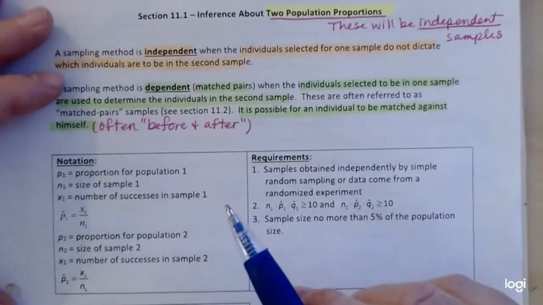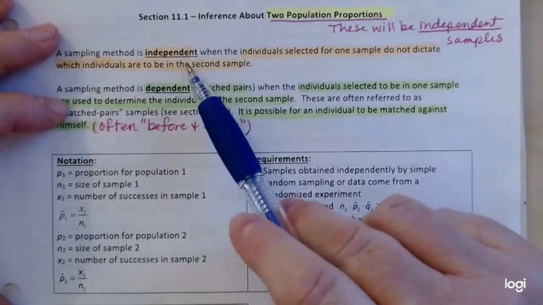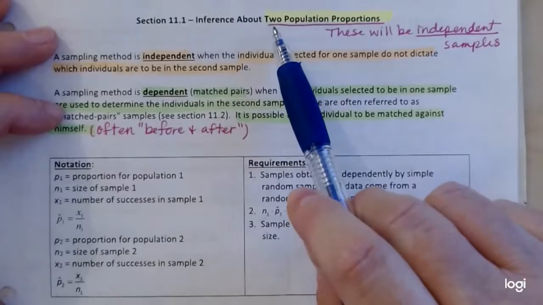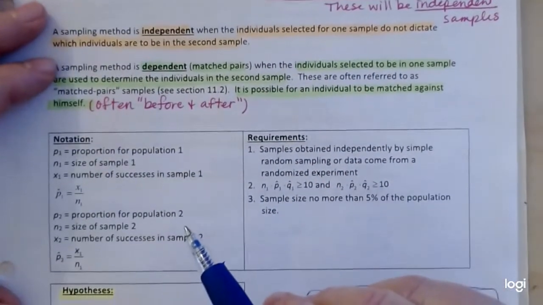And so that will come up in 11.2. But for 11.1, we're going to deal with independent samples, and we're going to compare two population proportions and test a hypothesis about those proportions.